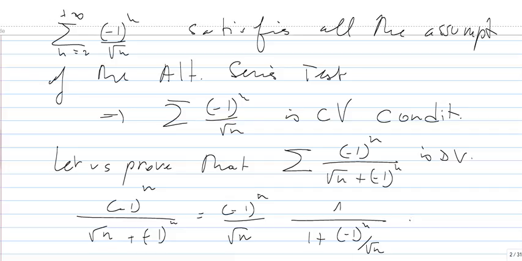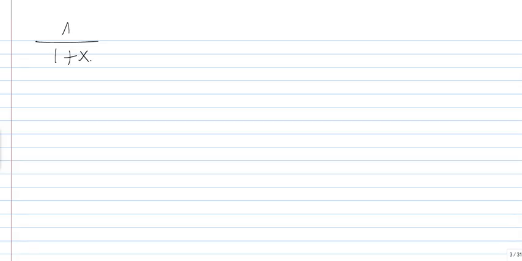And for n large, the minus 1 to the n over square root of n here will go to 0. So in other words, it becomes very small. So we can use the series and see that 1 over 1 plus x, for x small, absolute value of x less than 1, is equal to 1 minus x plus x squared plus, okay? So in other words, it is the geometric series as long as x is small.